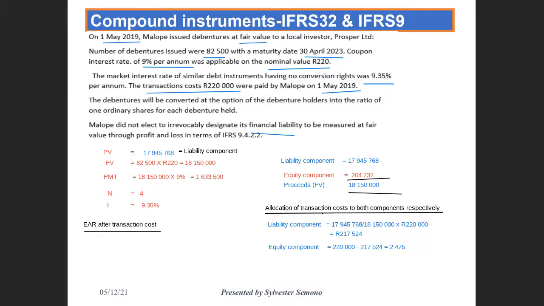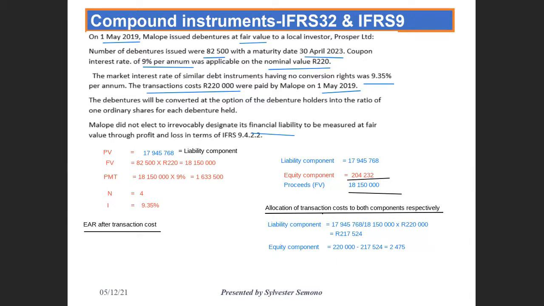I give the present value, and okay, PV equals. Remember the present value that we found, 17,945,768. And then remember, we need to minus the transaction cost that we got here. The transaction cost that comes from the liability component, remember this one, minus 217,524. And how much do we get?